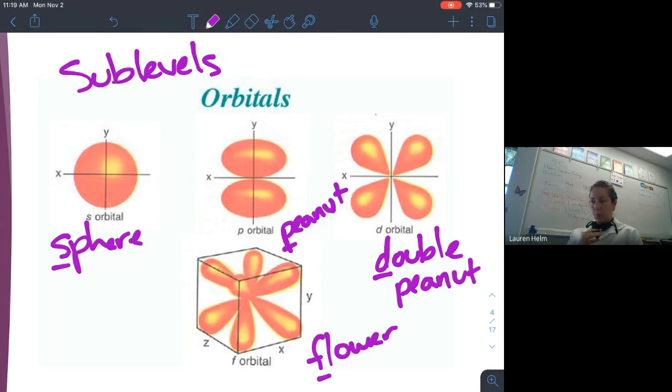Remember, we can't know where the electron is for sure, but we know where we tend to find it anytime we look for it. Just like when you graphed your dropping of the dart, we know where those drops tended to hit. And so this kind of shows us where we find electrons whenever we check for them. This gives us that probable location.